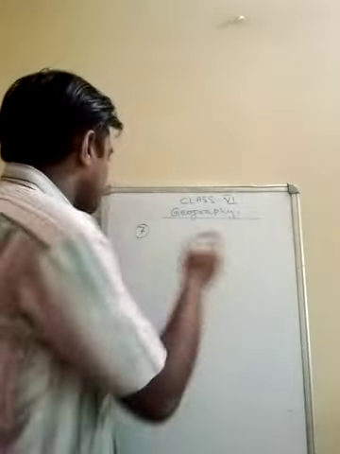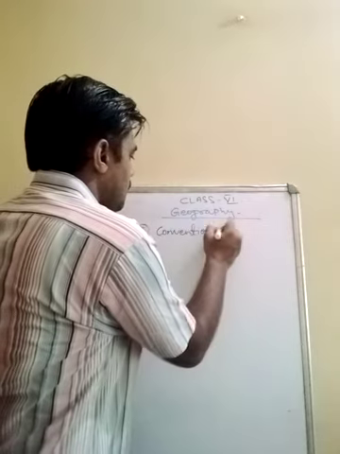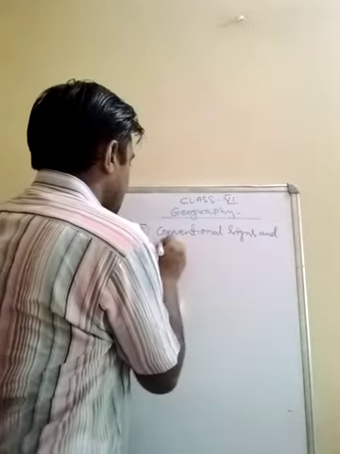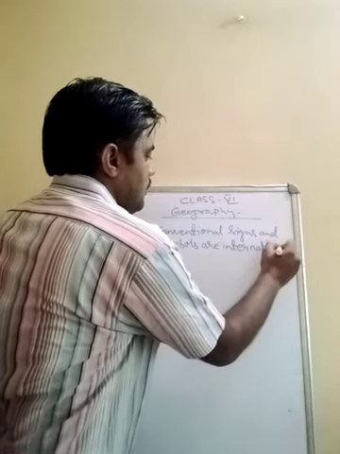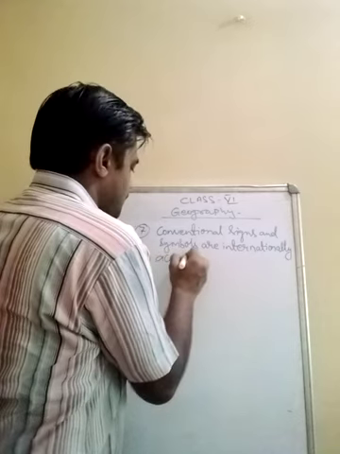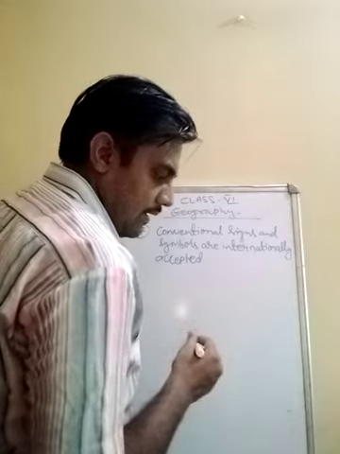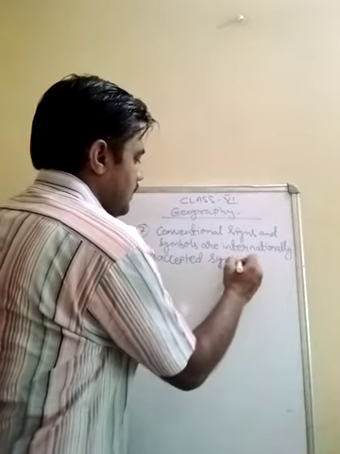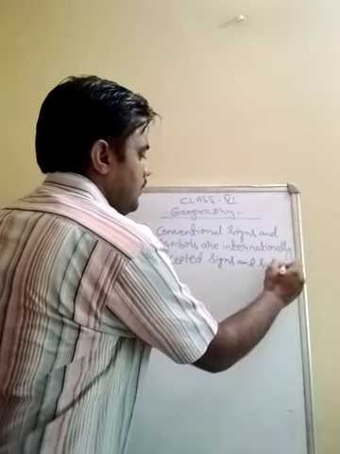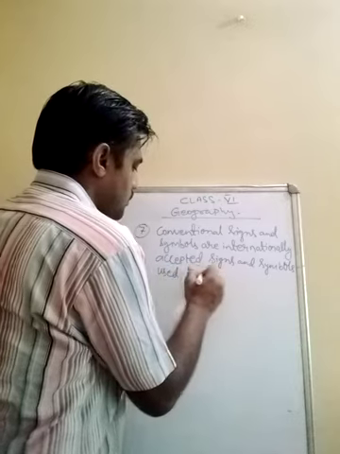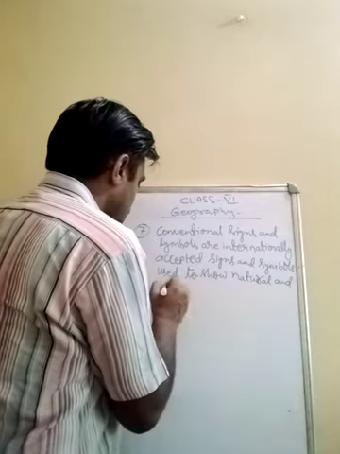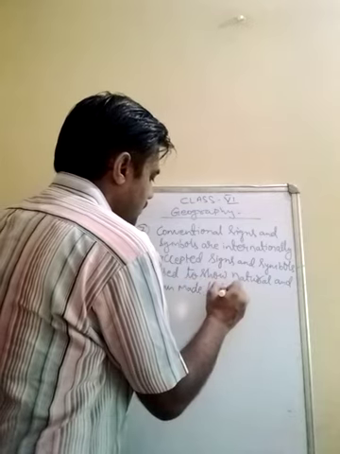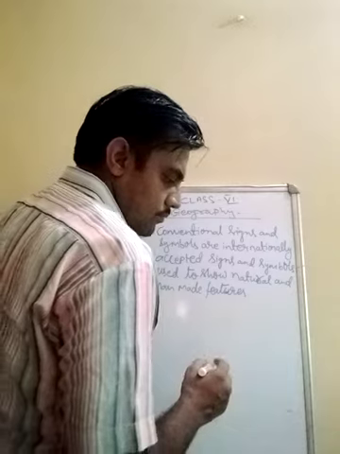What are conventional signs and symbols? Conventional signs and symbols are internationally accepted signs and symbols used to show natural and man-made features on maps.